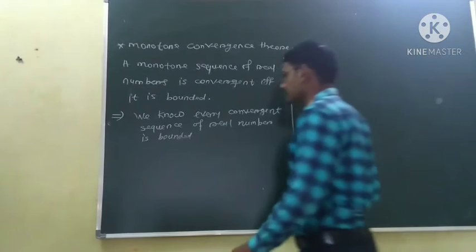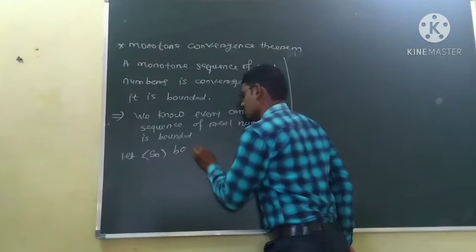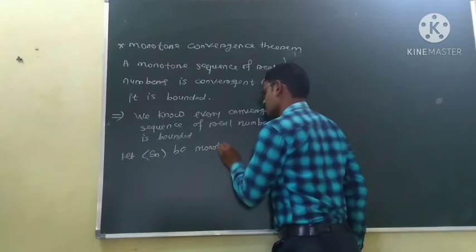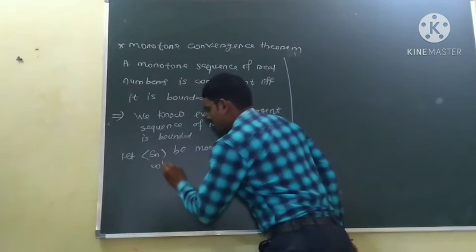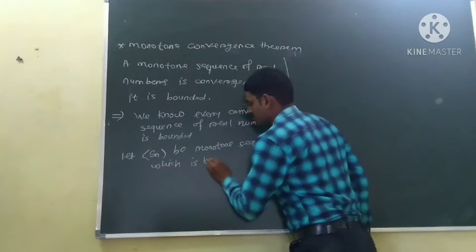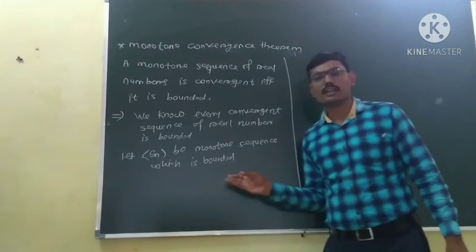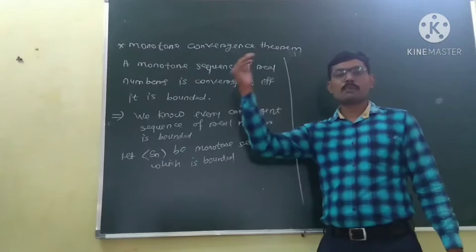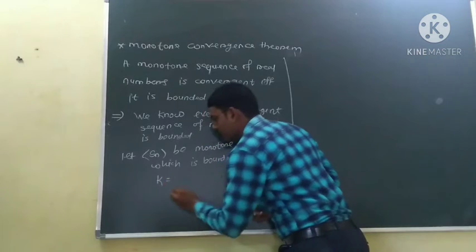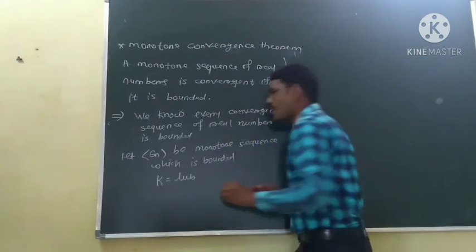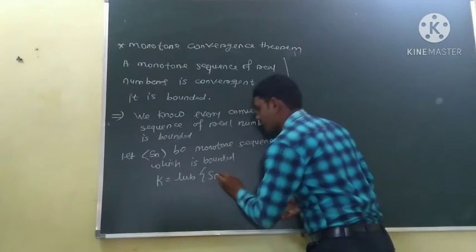So let Sn be a monotone sequence which is bounded. So Sn is a sequence which is monotone and bounded. Since the sequence is bounded, it has a least upper bound and a greatest lower bound. So let K, capital K, be the least upper bound of the range set of the sequence.